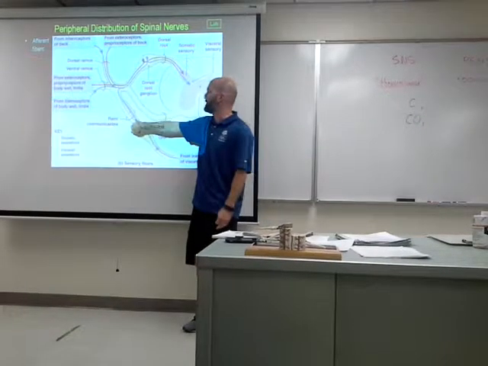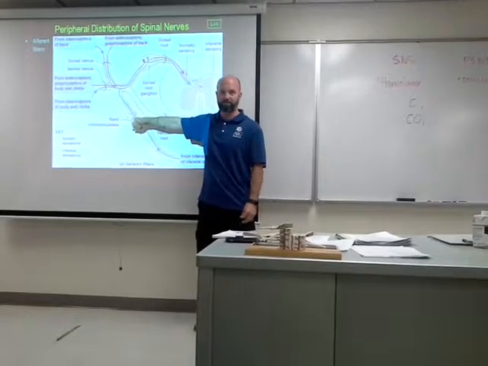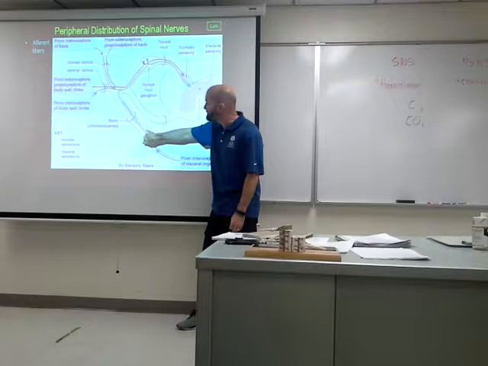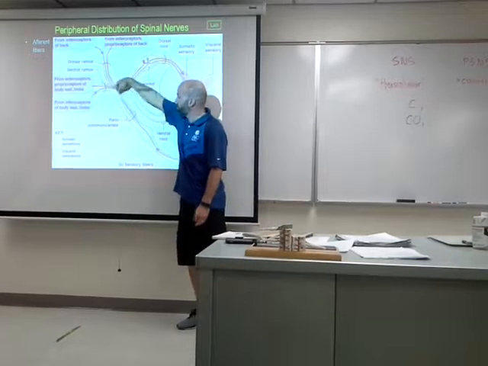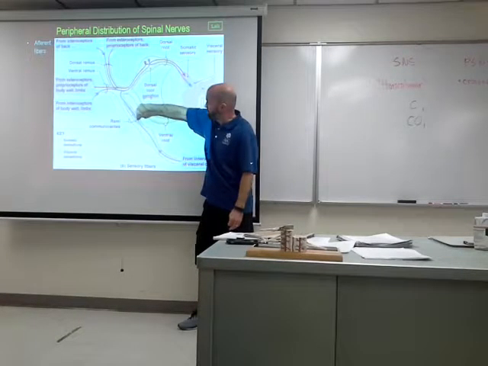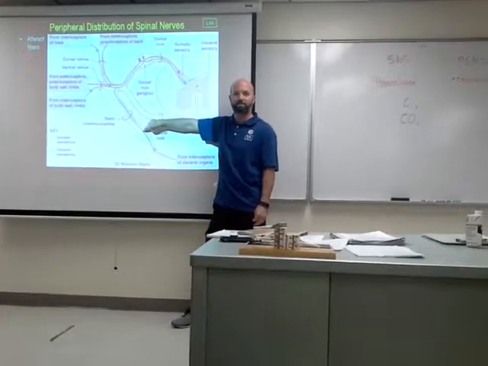When it passes through rami communicantes, it actually goes through the white ramus. And while this afferent is coming in the white ramus in this direction, what's going out this direction? The preganglionic sympathetic efferents.